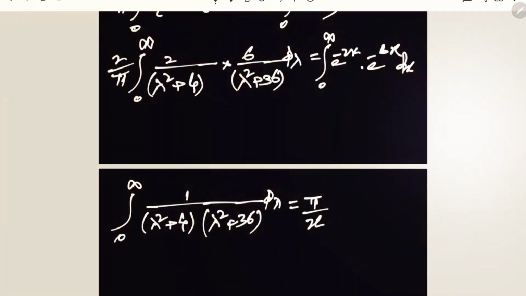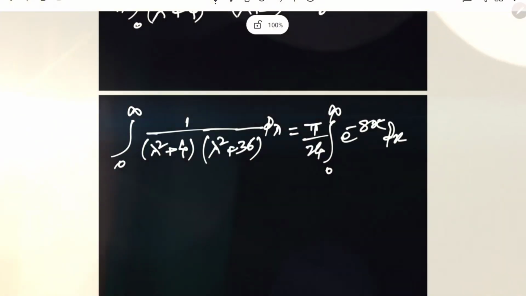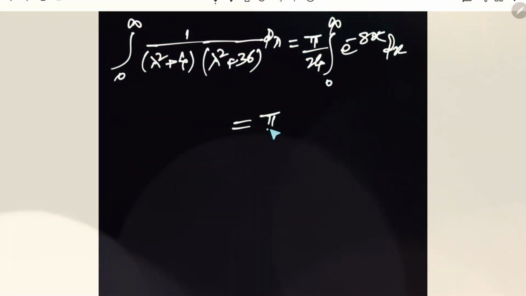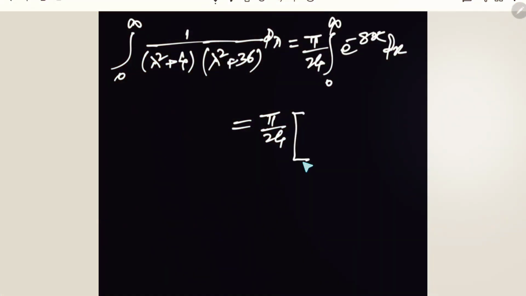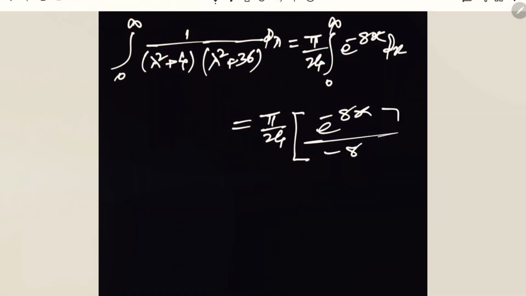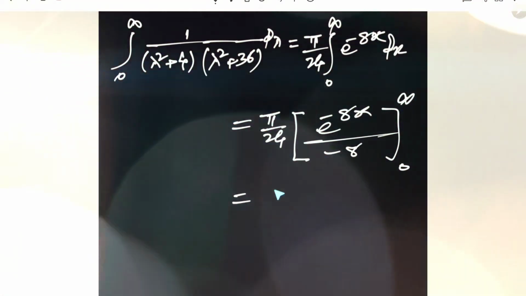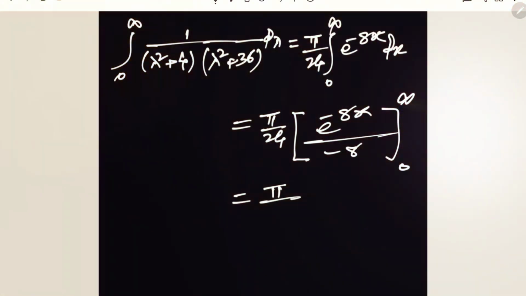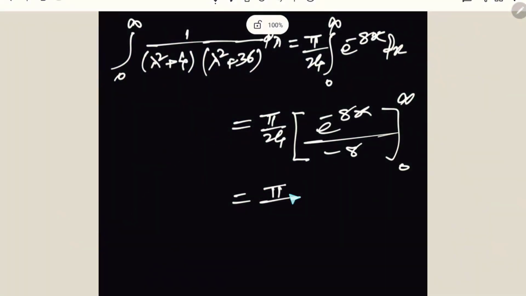Therefore, pi by 24 is the outside term, and in the integration, taking the addition of powers, we get e raised to minus 8x. With respect to x, the integration of that term is e raised to minus 8x divided by minus 8, limit from 0 to infinity, pi by 24 into 8.